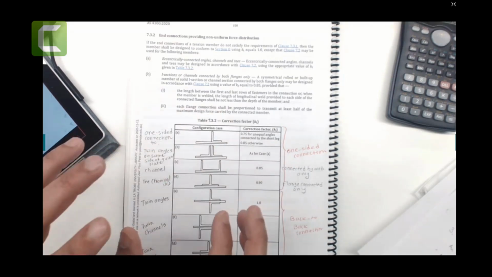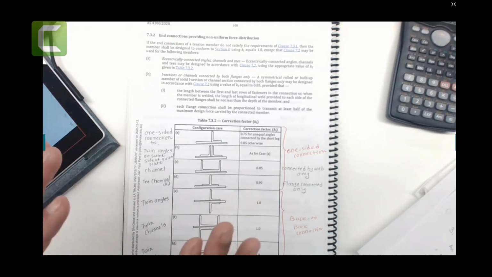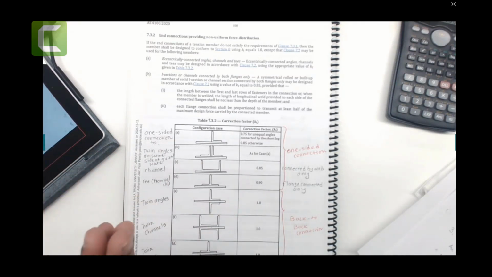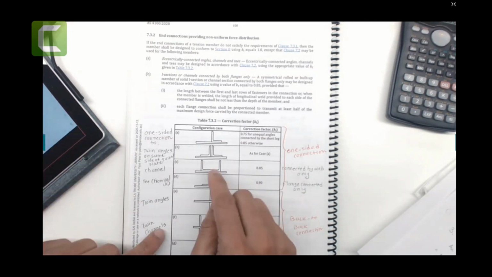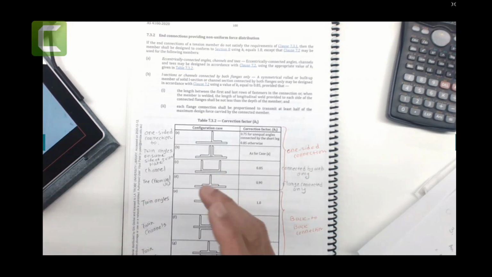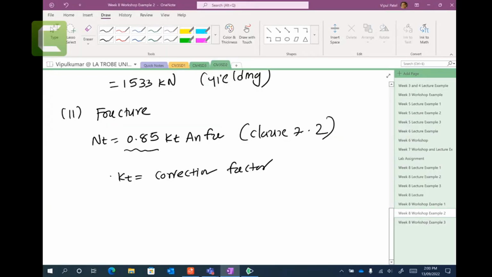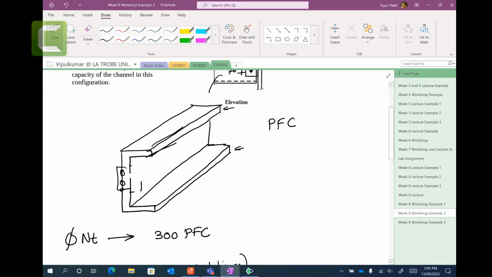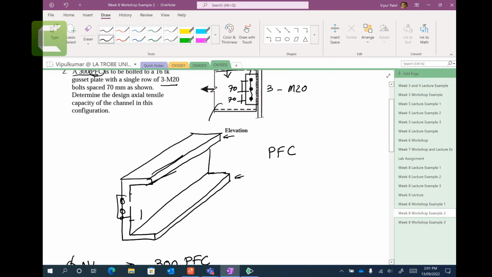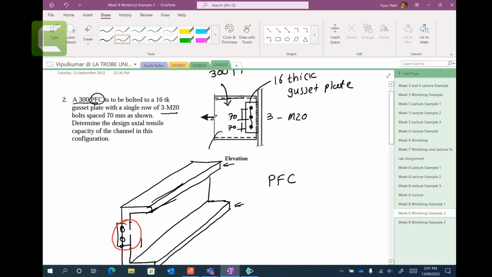Again, this table is expected not to give you all the cases you're going to come across. So take the closest, parallel flange, and as I mentioned, you need to imagine. If someone asks how to imagine: if I hold these with the three bolts and the others are free, and I pull this end, like pulling the red one, what's going to happen?